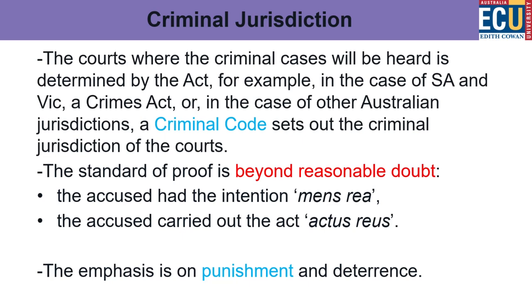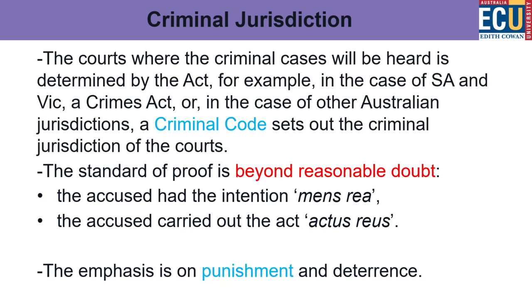Why so? Because the standard of proof is a very high standard of proof when we are dealing with criminal cases, because the outcome of a criminal case is punishment. The punishment could be as serious as a death penalty in some countries. It can be lifetime imprisonment. It can be imprisonment for 1 year, 2 years or whatever.